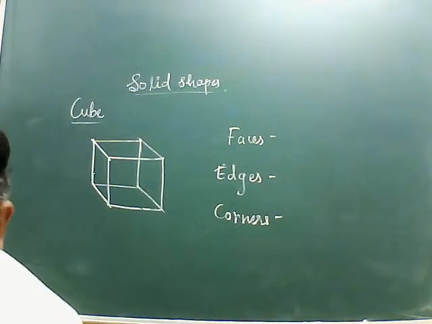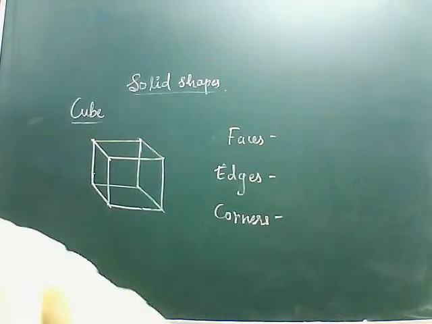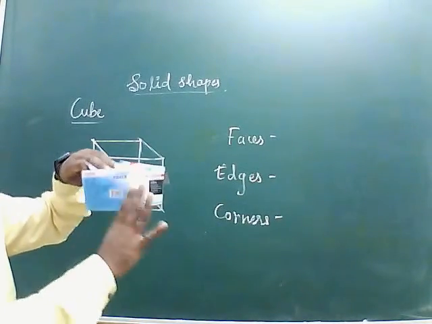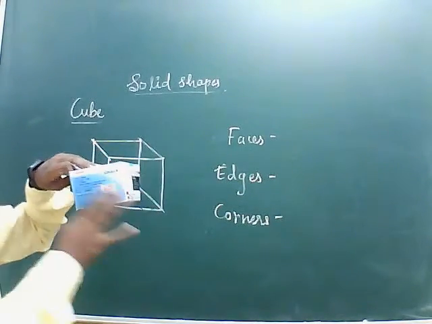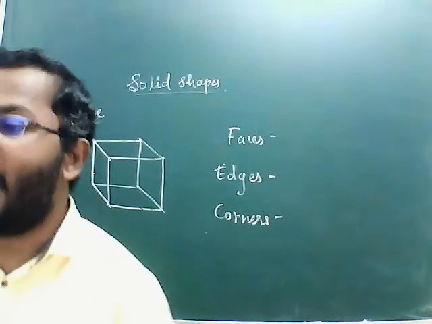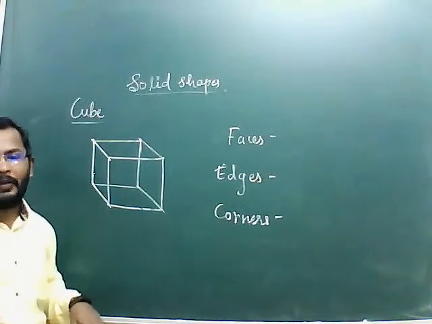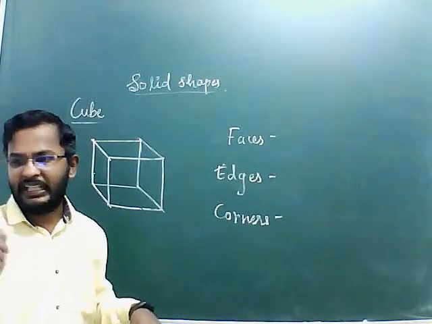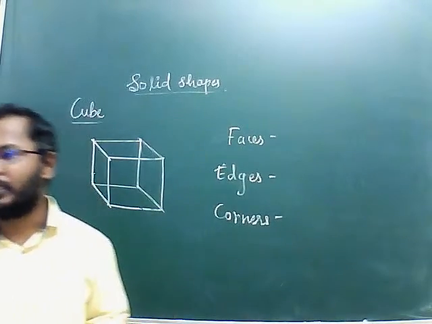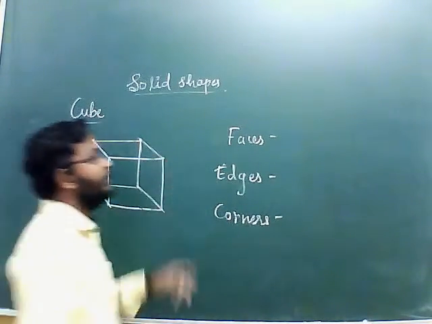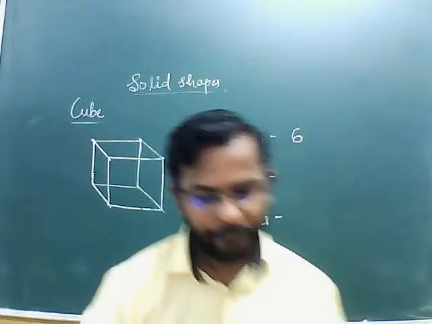Faces means, suppose you take this shape, this flat area is called a face. How many faces are there in a cube? I forgot to bring the shape, but I already showed it in the previous class. Total 6 faces are there.